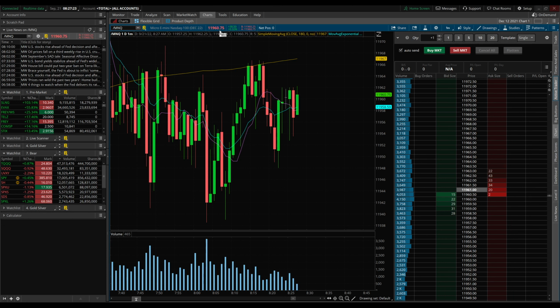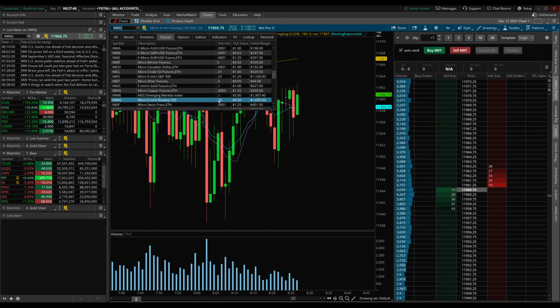It was 61 right here, and then it went down by increments of 0.25, 50 cents, or a dollar, or points. It's not dollars, it's points. So 61 goes down to 60, right? That would be 4 ticks.